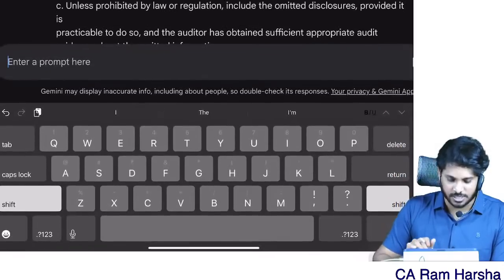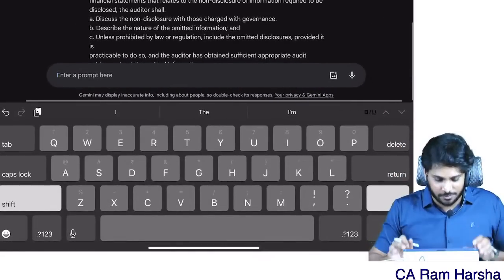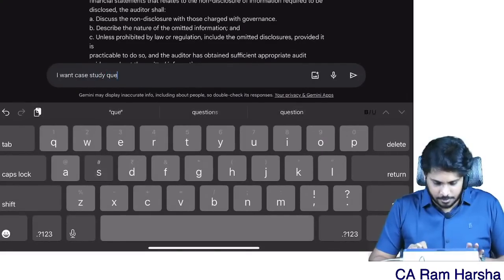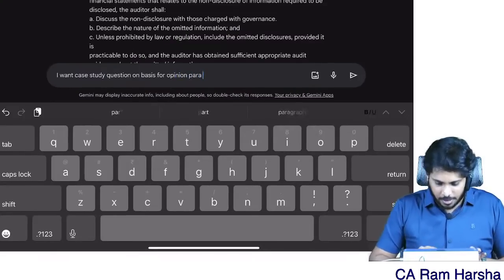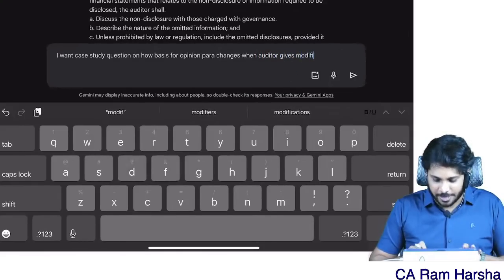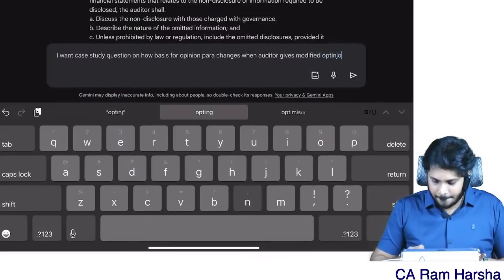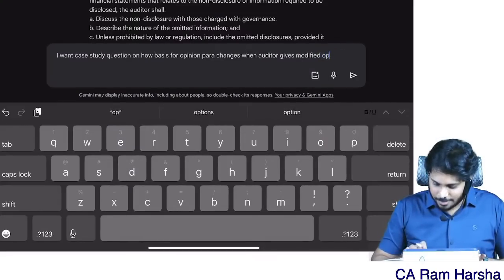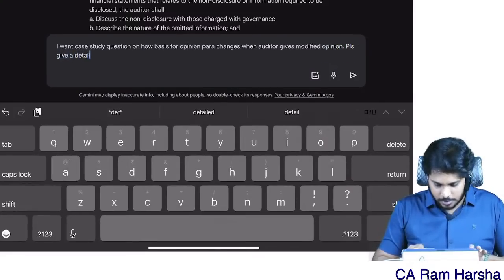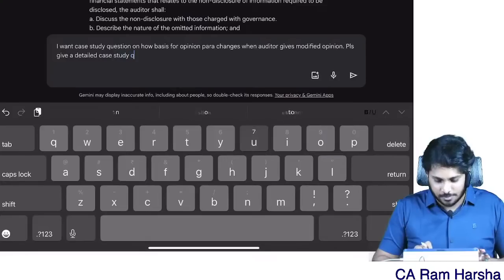Okay, fine. I'll give one more question. I think the prompt is not fully clear. So we should give the prompt very clearly. I want a case study on the basis for opinion para, when the auditor gives a modified opinion. Please give a detailed case study question.